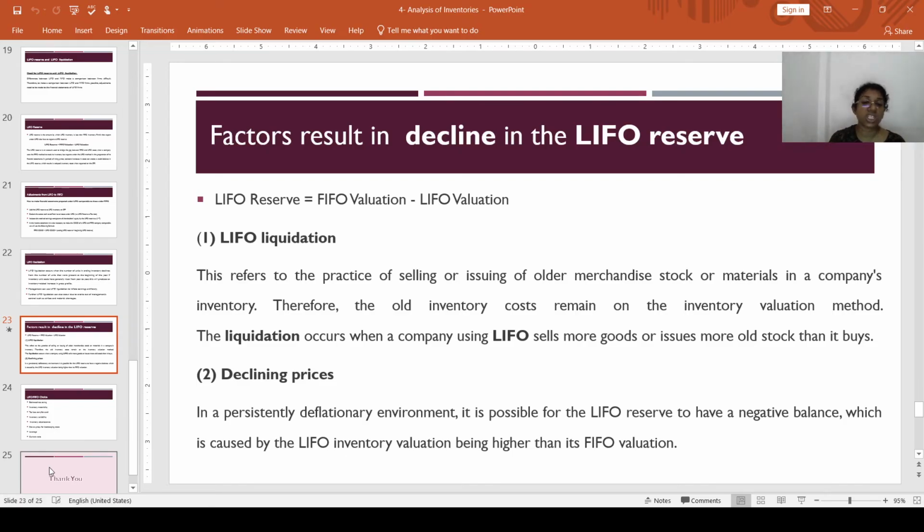The liquidation occurs when the company using LIFO sells more goods or issues more old stock than it buys. When there is a decline in price, the deflationary environment, the LIFO reserve can have a negative balance. This is caused by the LIFO inventory valuation being higher than the FIFO valuation.